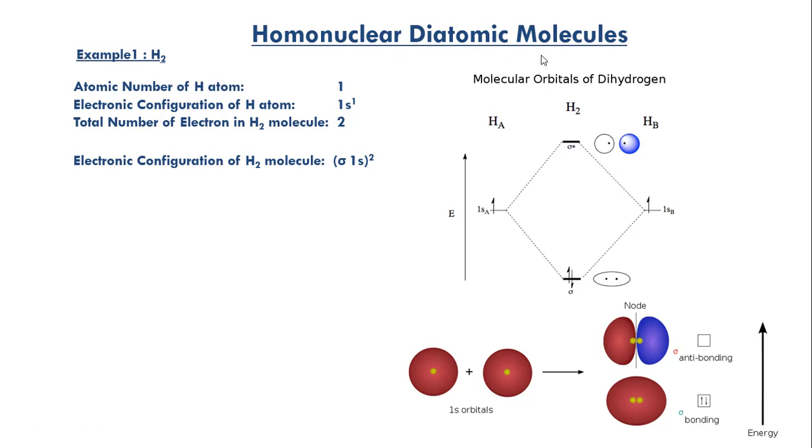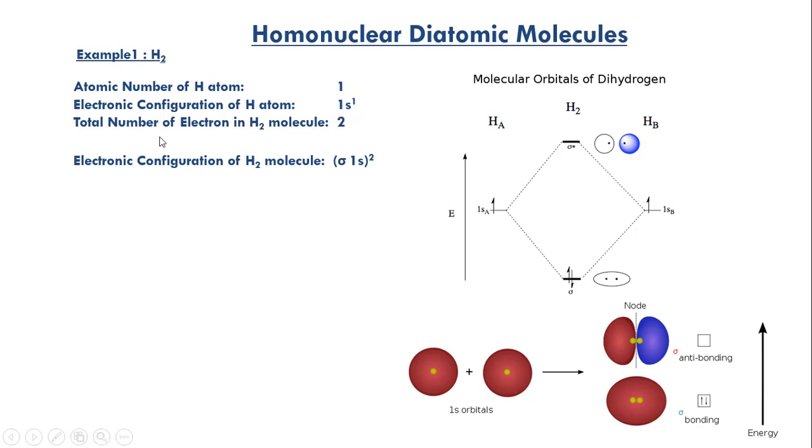And here the first example I am taking, example 1, is the hydrogen molecule. So how will this hydrogen molecule be formed? In molecular orbital theory, from here onwards it is very important to know the atomic number. The atomic number of a hydrogen atom is 1.